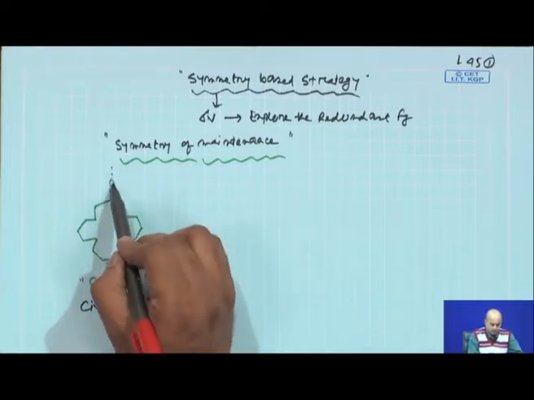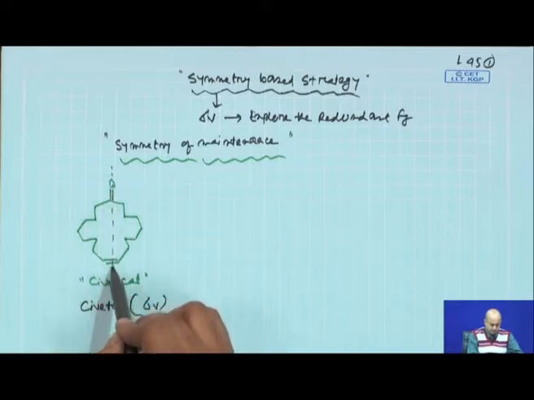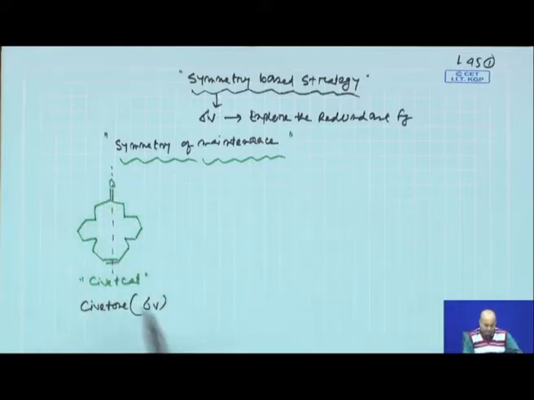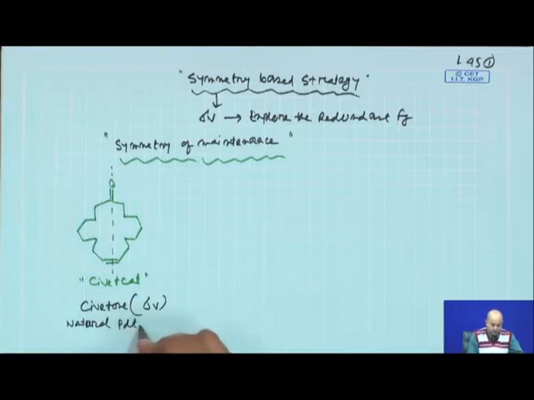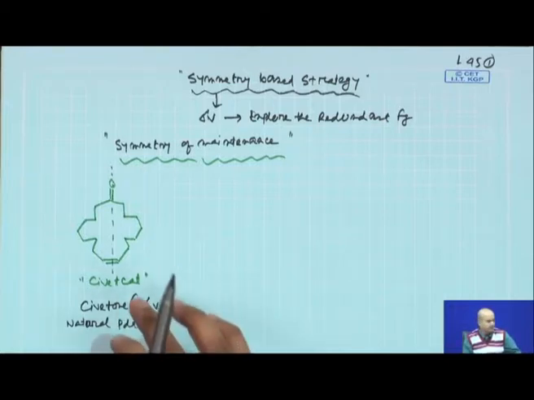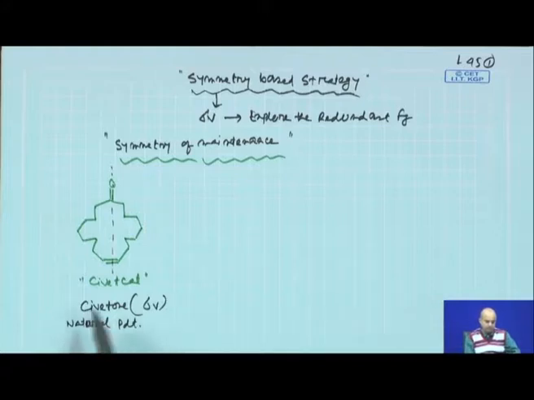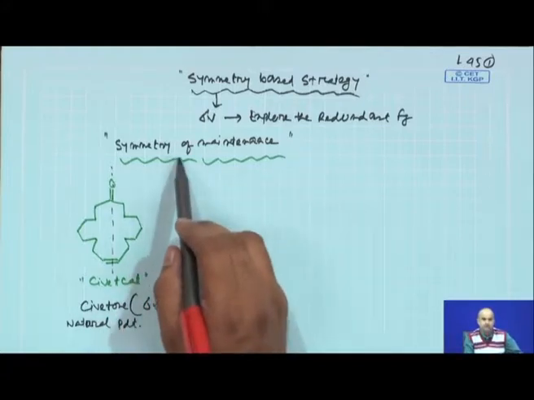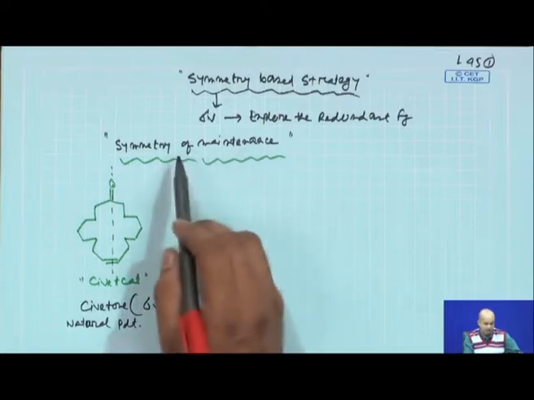The symmetry is there. I said it is a naturally occurring molecule, a natural product, so it is not a designed molecule. As I said, this molecule is perfectly symmetrical, so probably the symmetry maintenance criteria we need to fulfill.